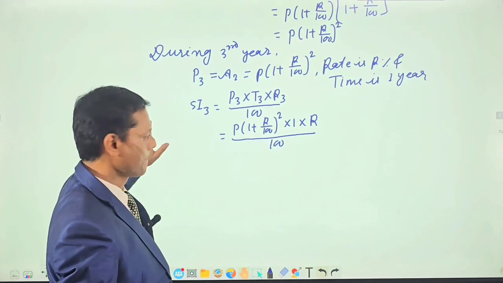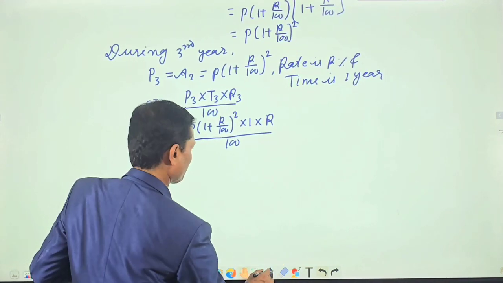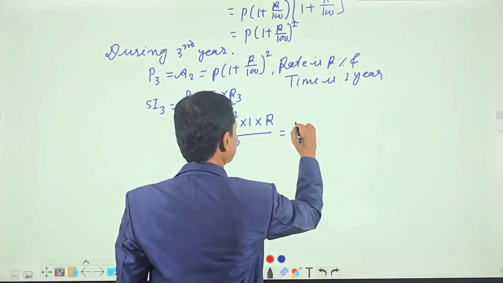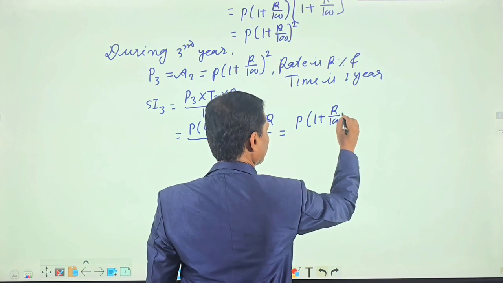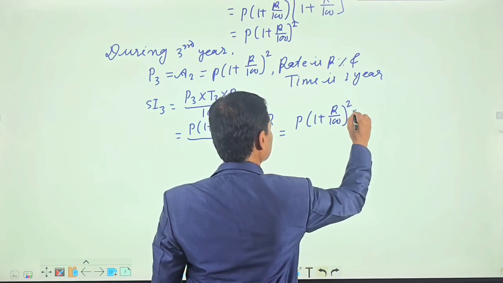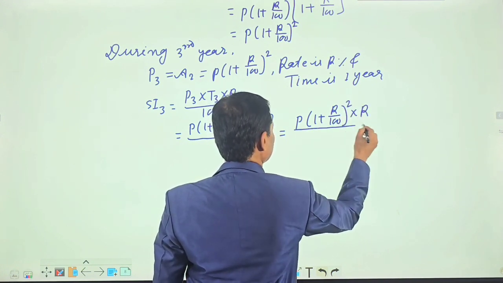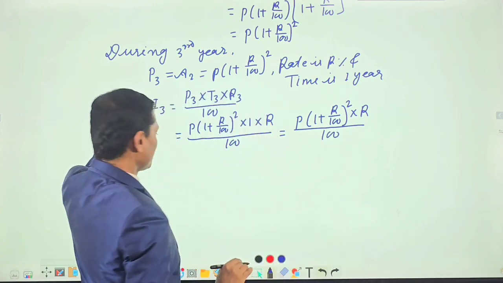Now just simplify it. That becomes P times (1 plus R over 100) to the power 2 into R over 100. So that is the simple interest, isn't it?